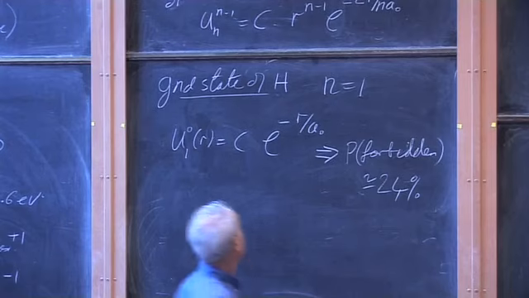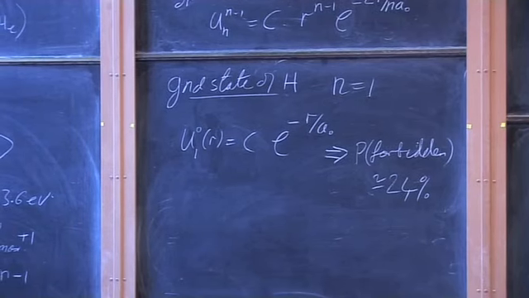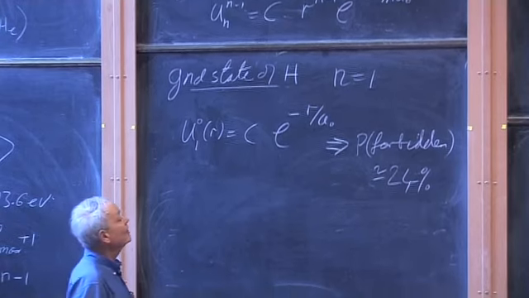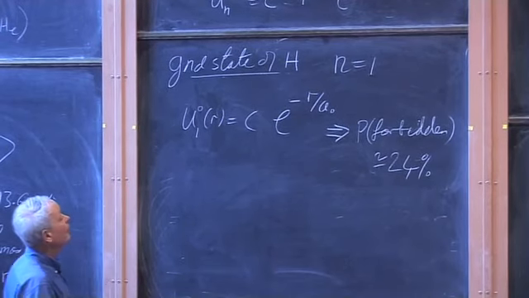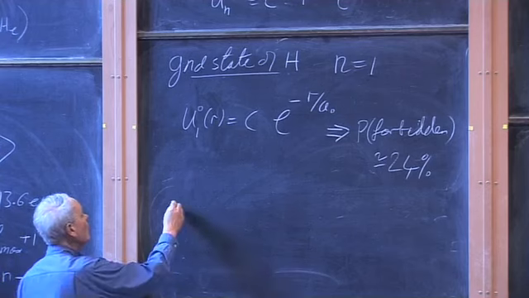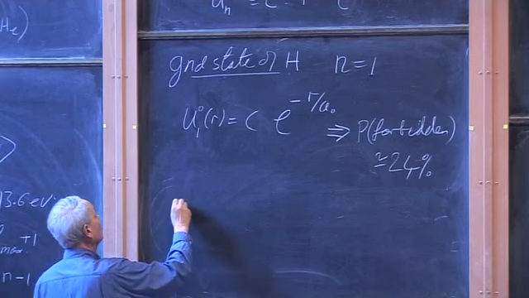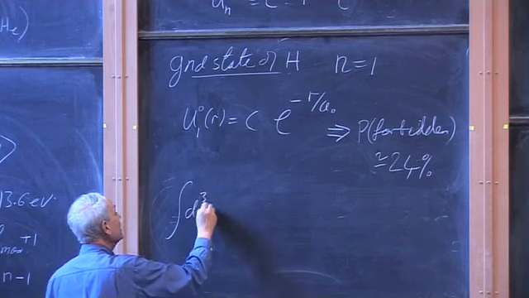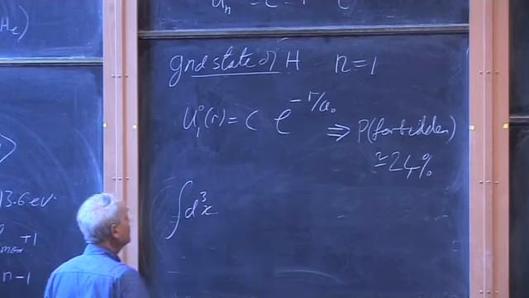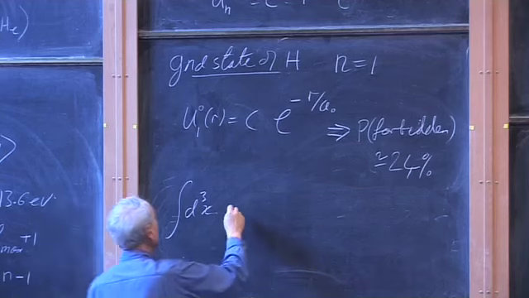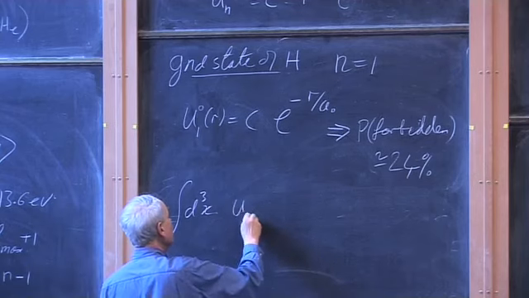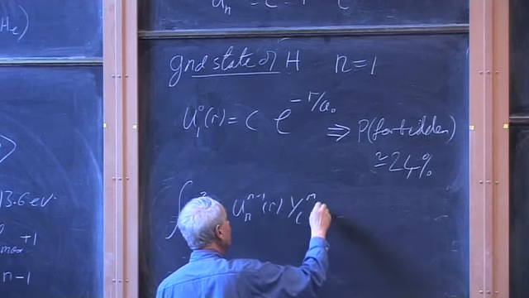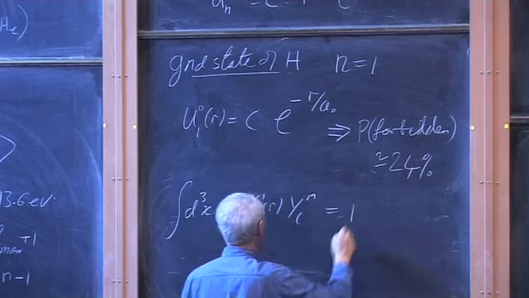Let's get the normalization of this thing sorted out so we can work out a few expectation values. Working out the normalization is fundamentally very straightforward. What we require is that the integral d cubed x over all space of the complete wave function, which consists of u n minus 1 of radius times Y lm, mod squared, should equal 1.